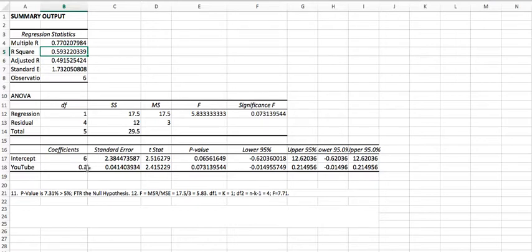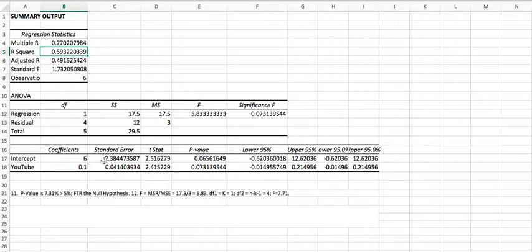We want to determine: is there a slope? The null hypothesis says there's no slope. The alternative hypothesis says there is a slope. If we reject the null hypothesis, we're saying there is a slope, and if there's a slope, then we would say there's a significant relationship.